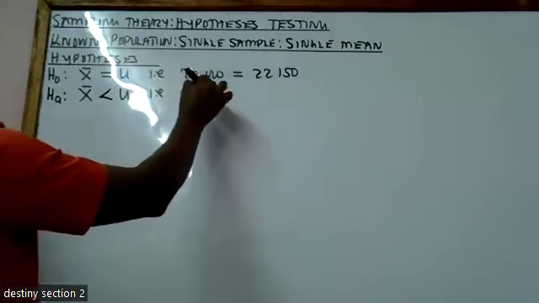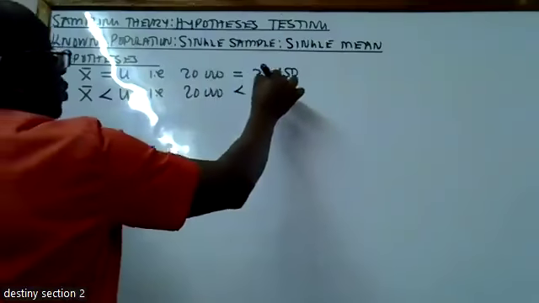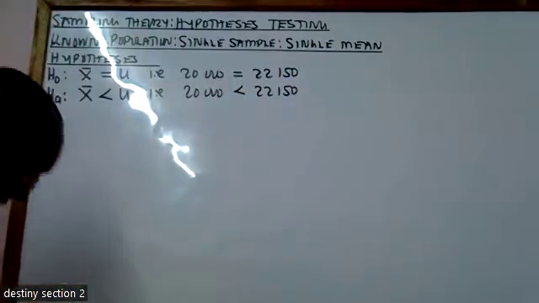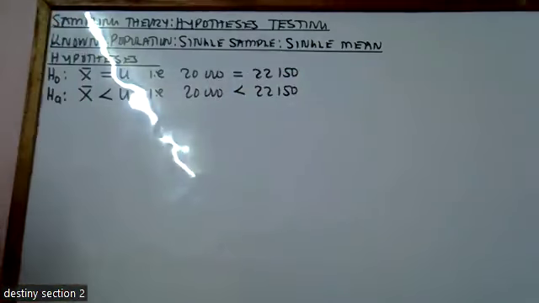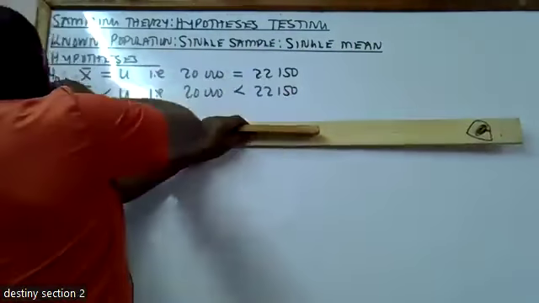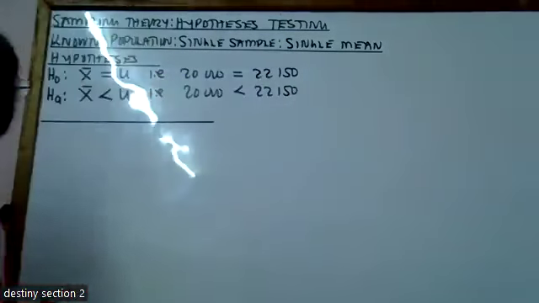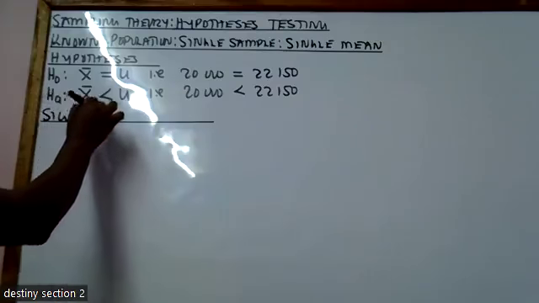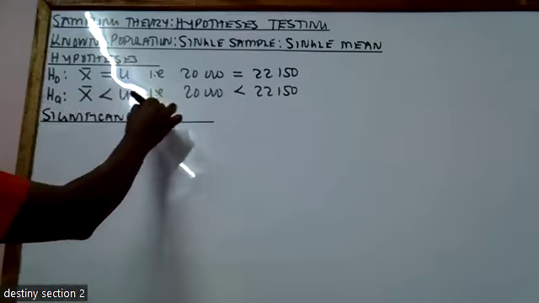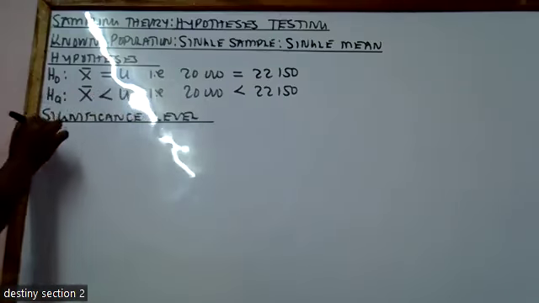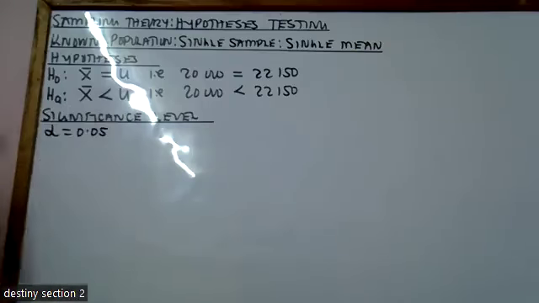That is, 20,000 is less than 22,150. From there, we bring in the significance level. The significance level is that alpha is 0.05. That is what we are told.